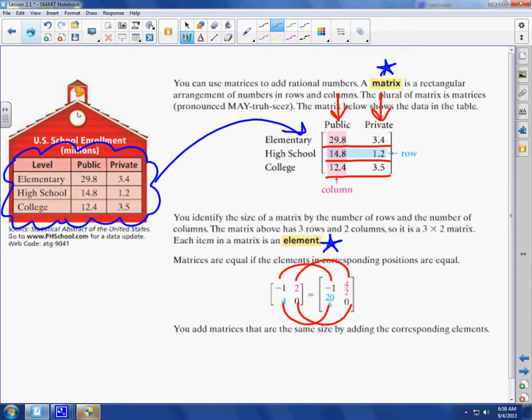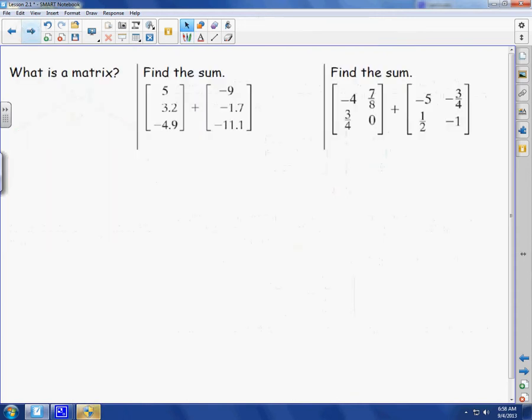You add matrices that are the same size by adding those same elements. So here is an example. Find the sum. See how this has an addition sign here. What they want us to do is add the numbers that are in the same place and make it into one matrix.